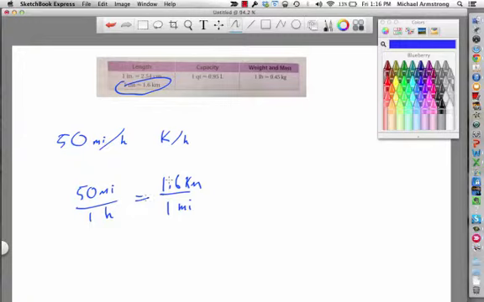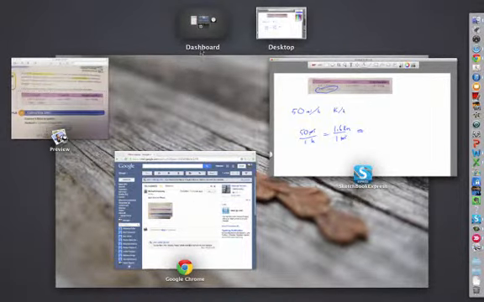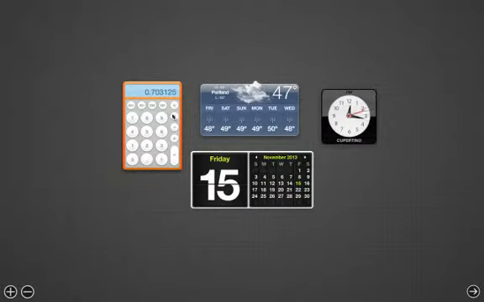Now we've got hours and kilometers, but we can live with that. What we're trying to get rid of is the miles, because we're changing it to kilometers. And then we just have to do 50 times 1.6. Do an approximation again, because what's approximately 50 times 1.6? How do I clear this? There we go. 50 times 1.6 is 80.